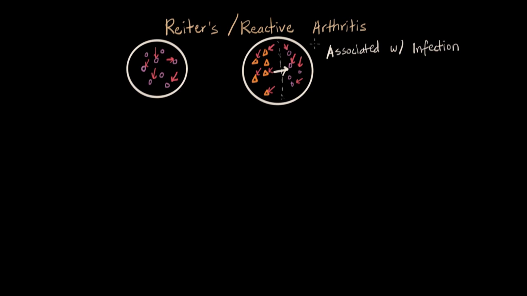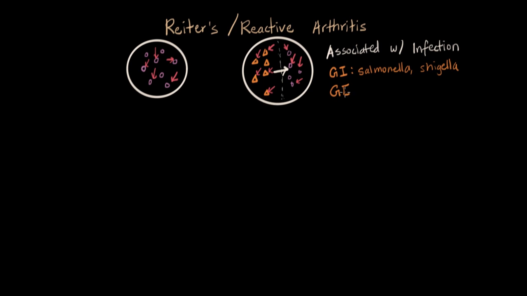There are two big categories of infections that are particularly associated with Reiter's. There are the GI infections, attacking our gastrointestinal system. So food poisoning like Salmonella or Shigella, which are pretty common, can lead to Reiter's after the original insult is gone.